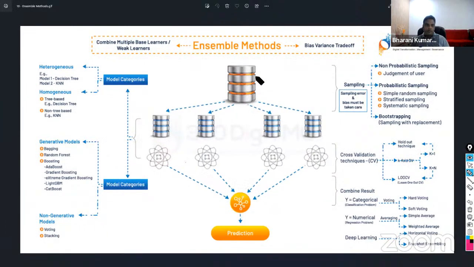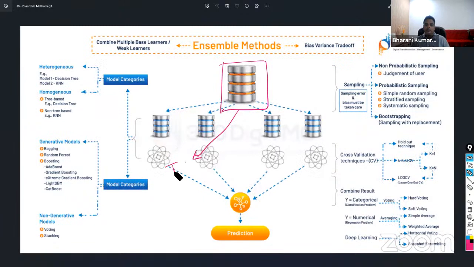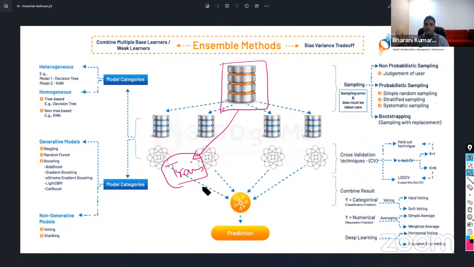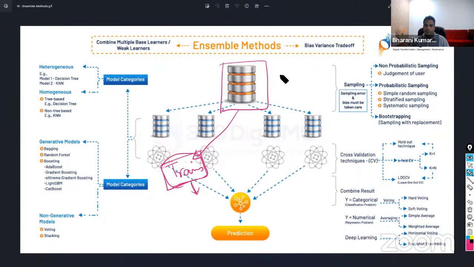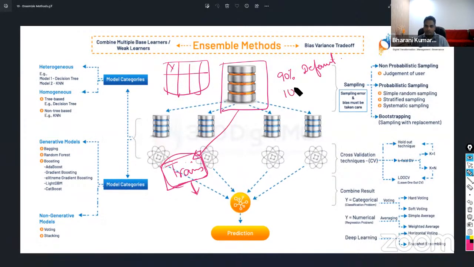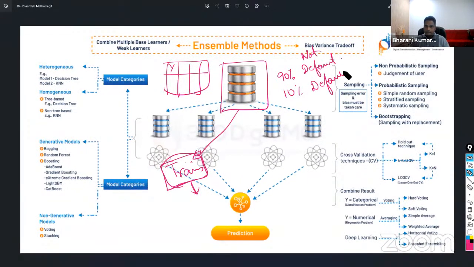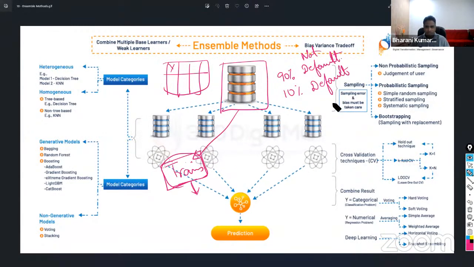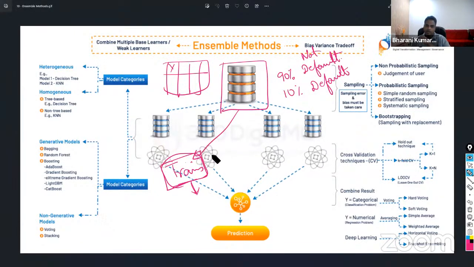Sure. If you have imbalance in the data, and you split the data only once to get the training data and then build a model on it, chances are very high that your data might be biased.